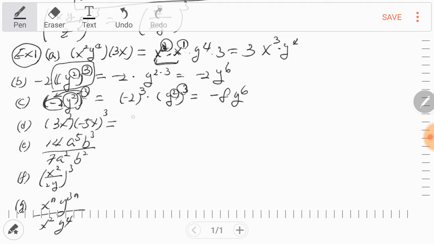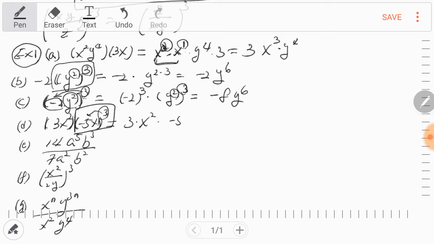Okay, 3x squared. 3x squared is just one expression, so 3 times x squared. That's it. And for this expression, this base has two factors, -5 and x, so assign the power to each factor.